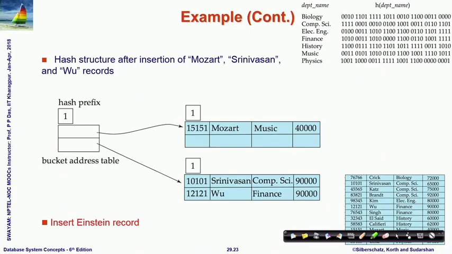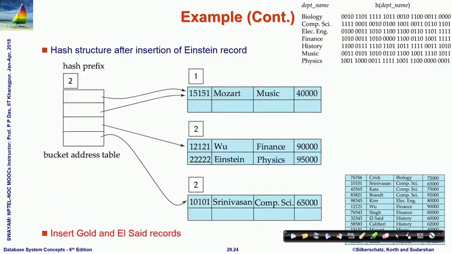So, I have increased the prefix level to 2 going here, and now naturally I have, if I have increased this to 2, let me erase these entries, and now I look at 2 bits: for music 0 0, for physics 1 0, for finance 1 0, for computer science 1 1.